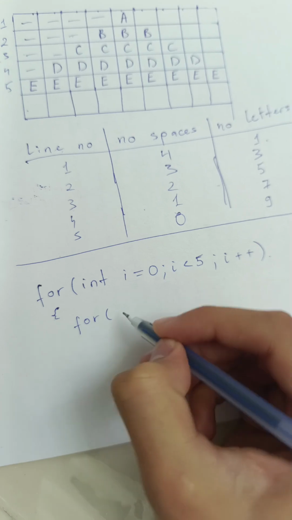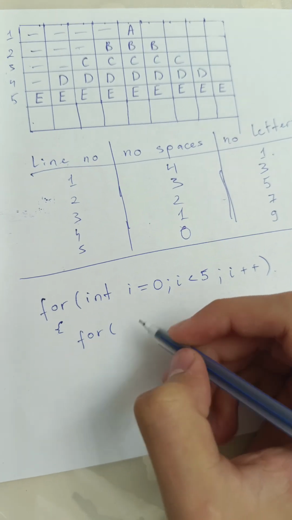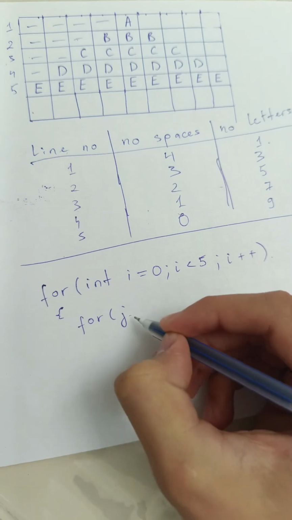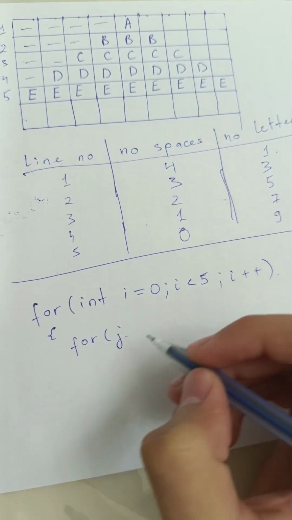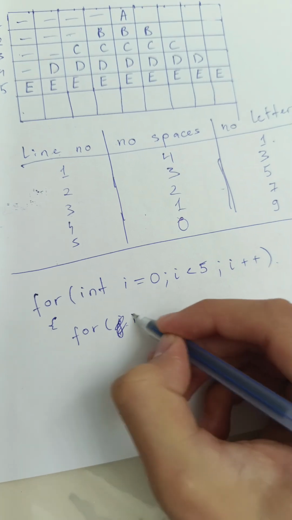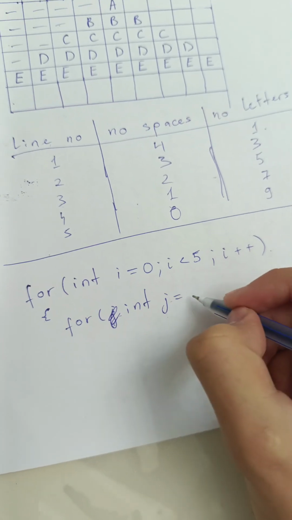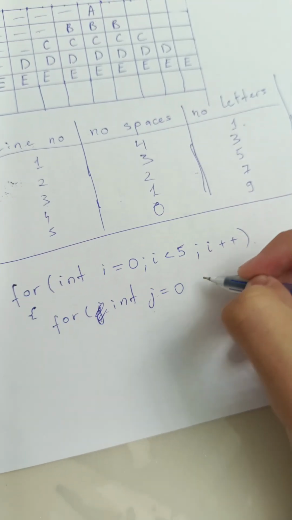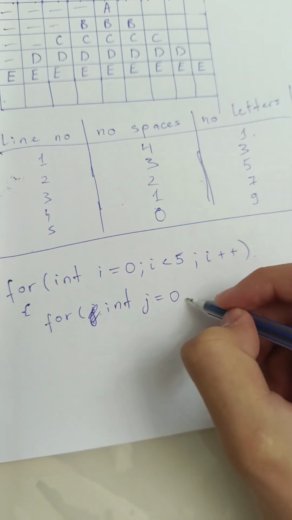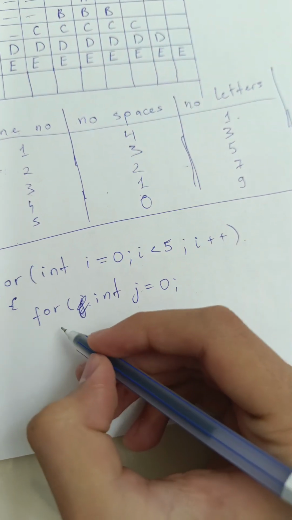For the next loop, I'm going to use a j loop. So int j equals 0.